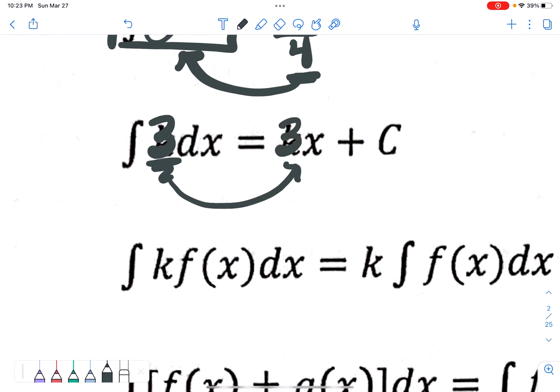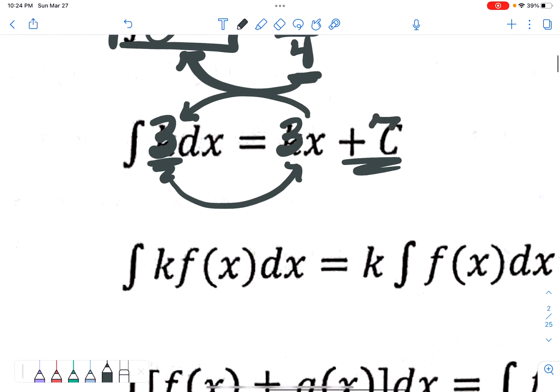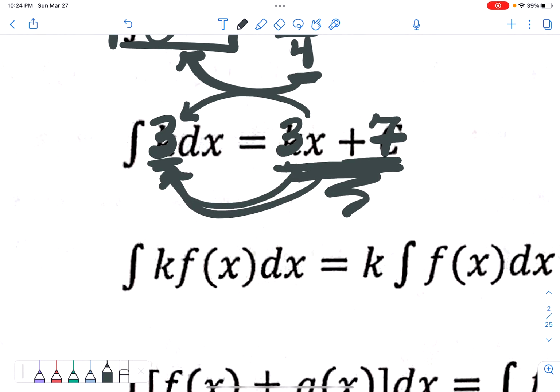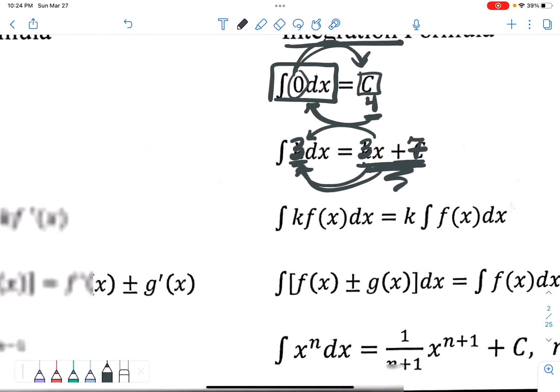That would be 3x, right? 3x, its derivative is 3. So if you're going back the other direction, it's 3x. But then we have to include that plus c on the end because it might be 3x plus 7, right? The derivative of 3x plus 7 is just 3, okay? Lots of confusing stuff. I hope I'm not going too fast. But anyway, so there's that, okay?